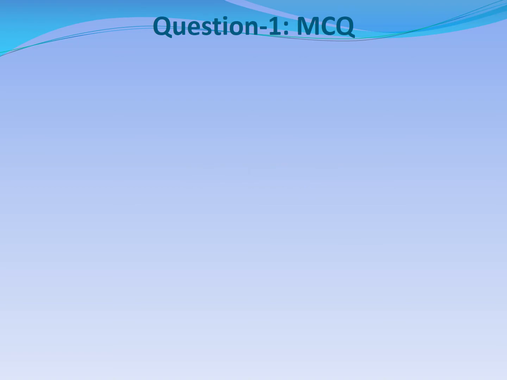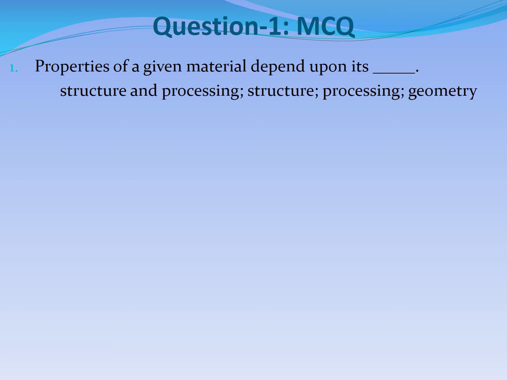Question 1 was MCQs. So let us take a few examples. There are of course more than that, but just a few. Properties of a given material depend upon its structure and processing, geometry, right?